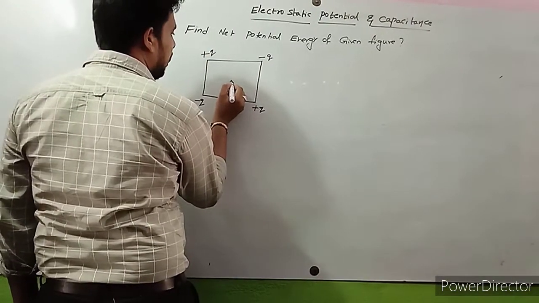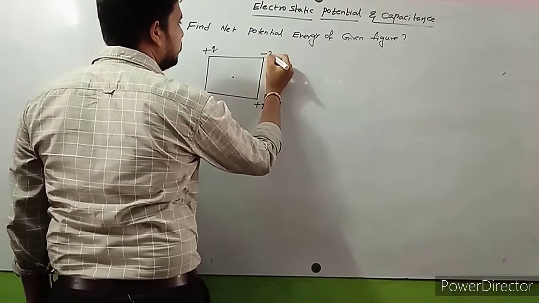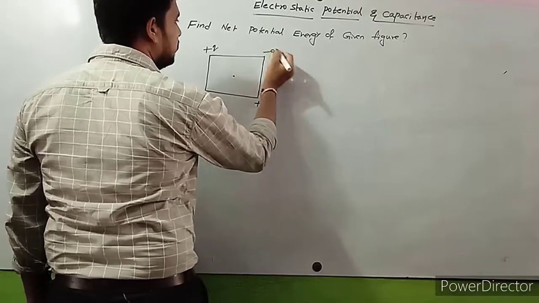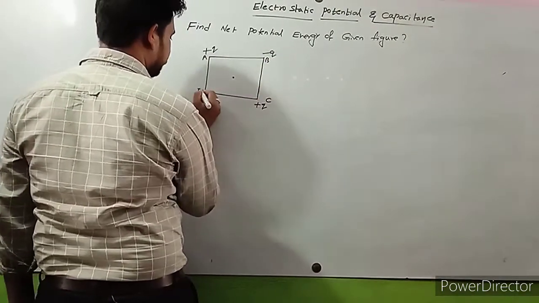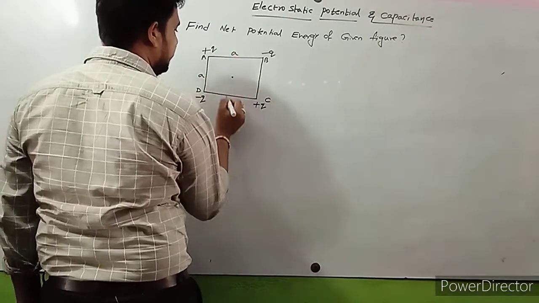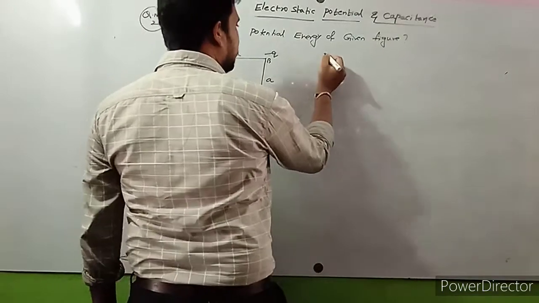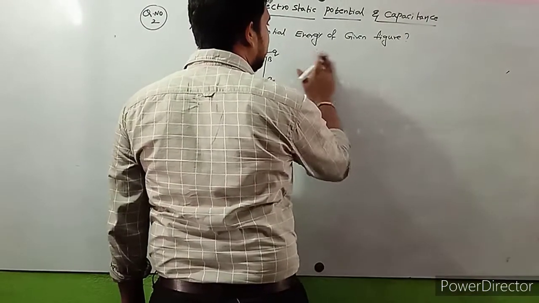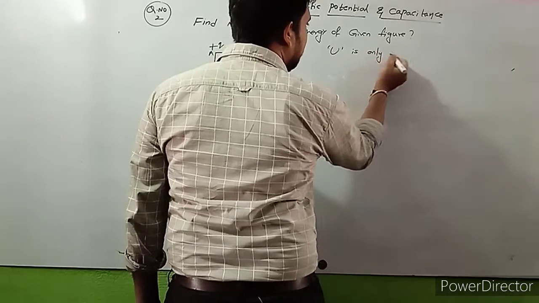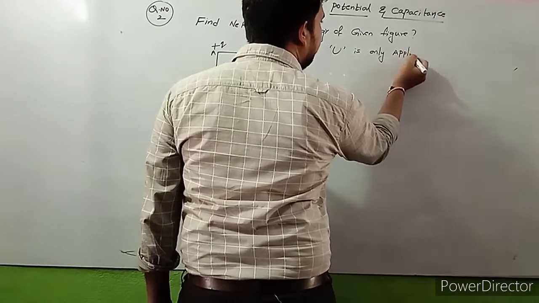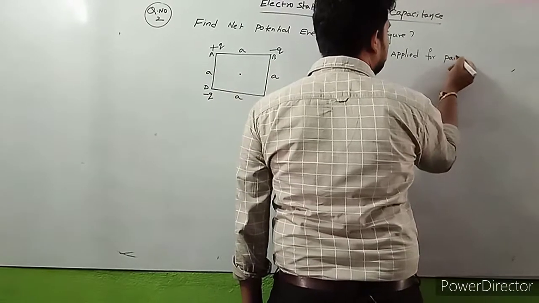Now can I consider here some minus q charge. A, B, C form a square, and each side is the same. You know that potential energy U is only applied for a pair of charges.